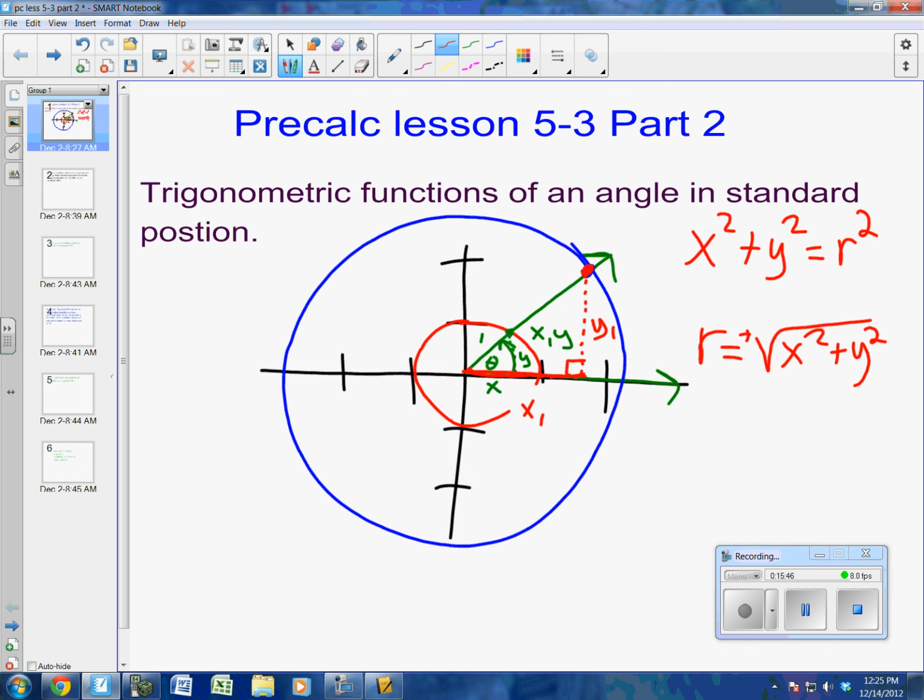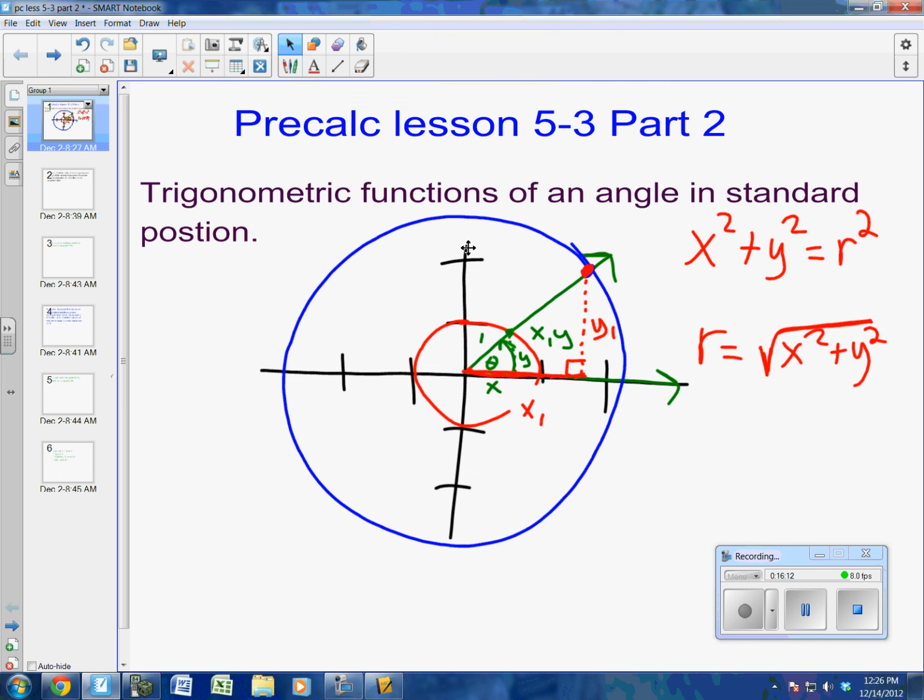Well, actually, we're always going to take the principal, so it's just going to be the positive of that. There's no numbers. This is abstract, but we're gonna practice with some numbers in just a second, and you'll see how this works.